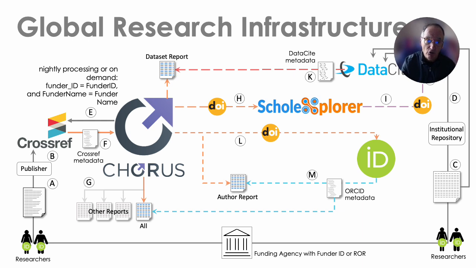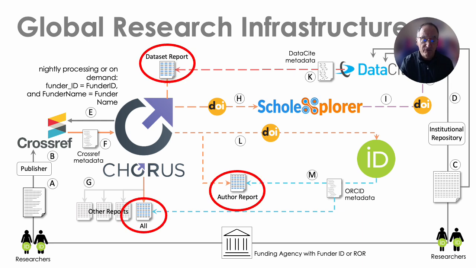Chorus creates reports, what I would call analysis-ready data, from the global research infrastructure, and we really focused on three of those in this work. The all report on the bottom is all metadata, mostly Crossref metadata about papers.